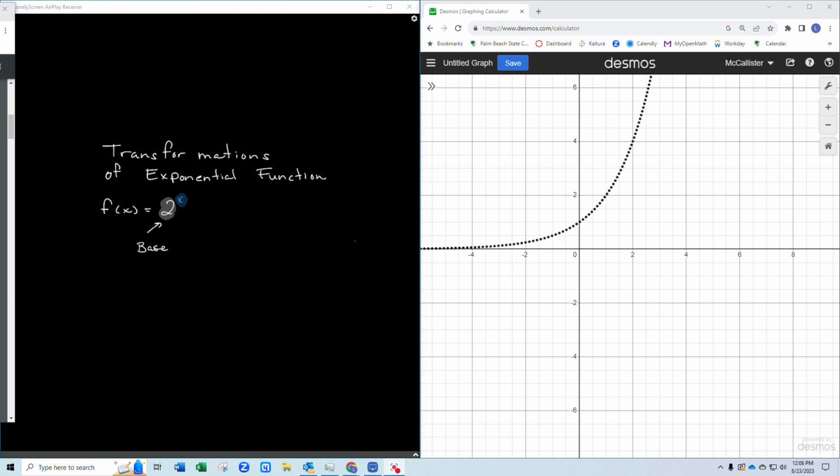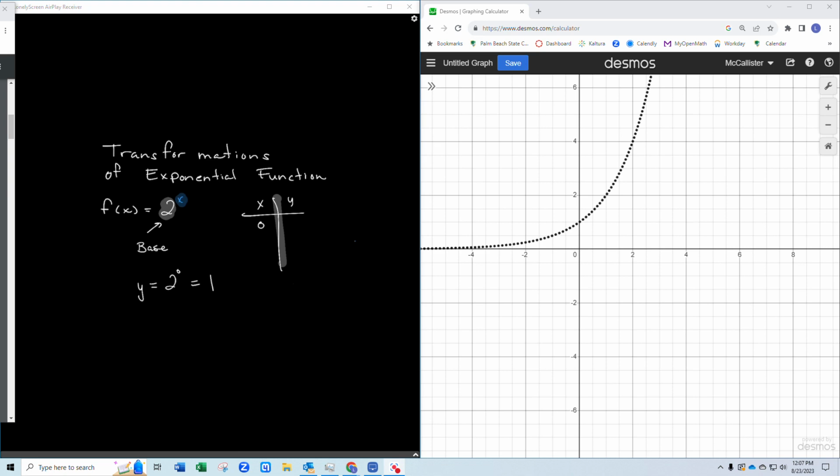Now, if I'm looking over to the Desmos piece, you'll see this function is graphed. Of special note with this function, I do want to talk about a couple of different values for the x and for the y. When x is 0, what that means is y is equal to 2 to the 0 power.